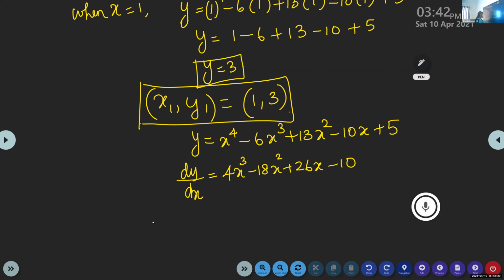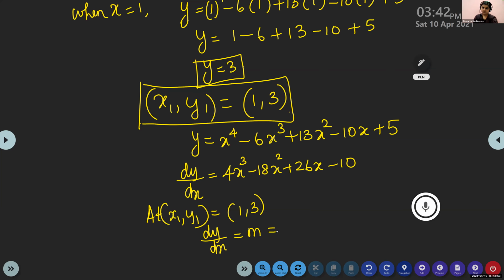So at the point x1, y1 is equal to 1, 3, find out what is dy by dx. In the place of x, you can put 1. So what is m? M is 2.